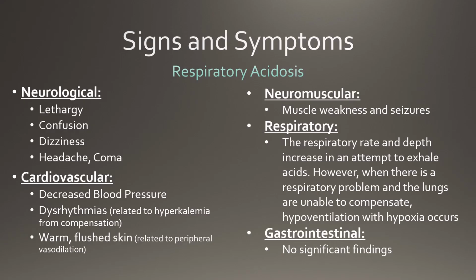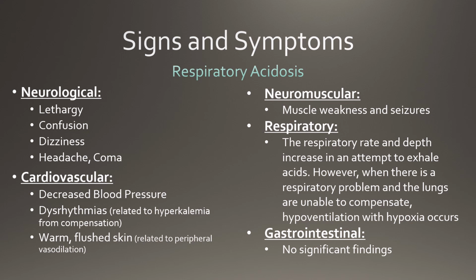There are very distinct signs and symptoms for respiratory acidosis. In the neurological assessment, you may see lethargy, confusion, dizziness, headache, or coma. In assessing the cardiovascular system, you may see decreased blood pressure, dysrhythmias related to hyperkalemia from compensation.